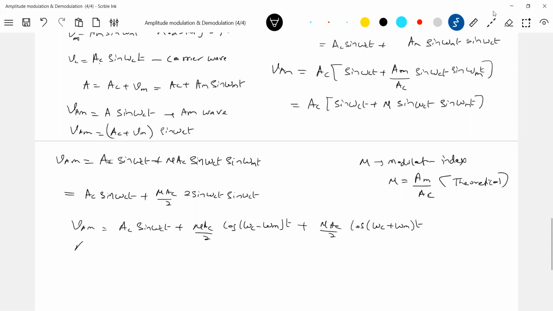So this is what? Amplitude modulated wave. And this is what? Carrier wave. This is called as lower sideband.